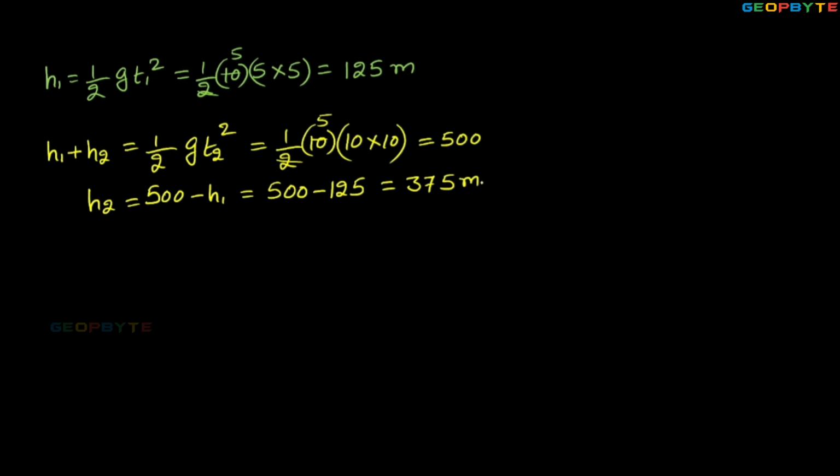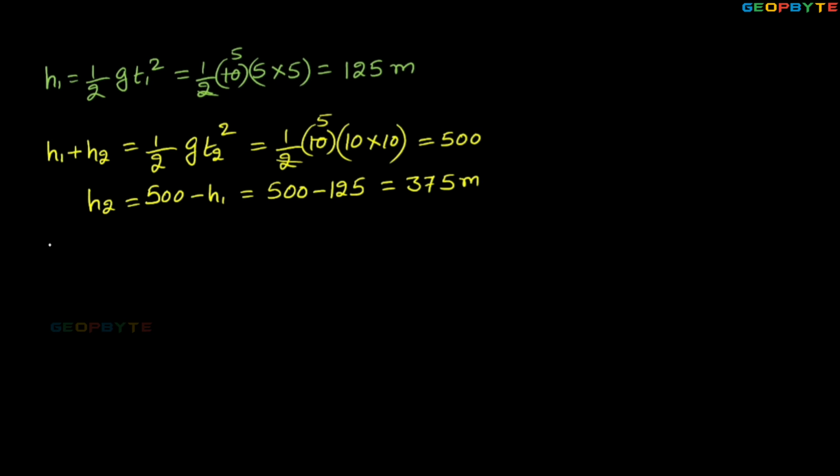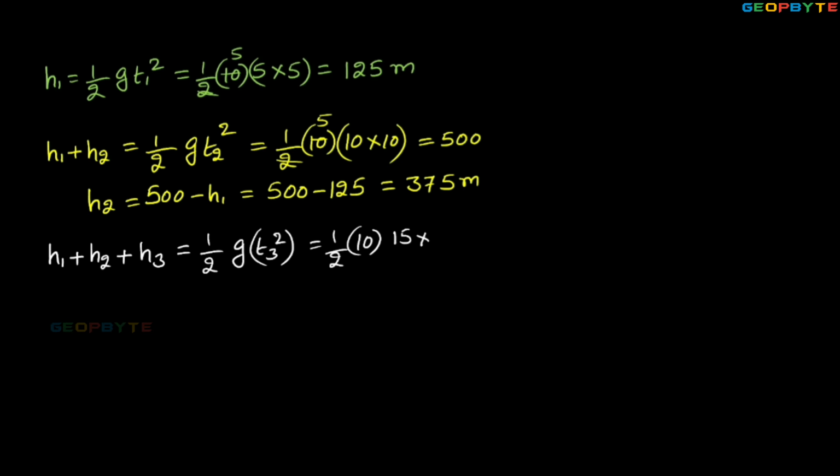Understood clearly? Yes. Similarly, in the other 5 seconds, h1 plus h2 plus h3 equal to half into g into t3 square, half into g value 10. Here t3 is 15 into 15. Simplify.